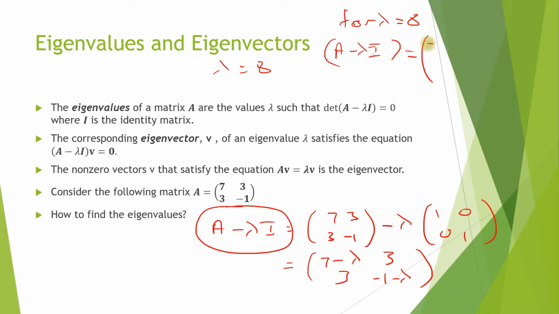I'm just going to write it down like it is so that you don't get lost in what I'm doing. 3 stays 3, 3 stays 3, and then here you've got minus 1, minus 8. This is what you have as the matrix for lambda equal to 8. So you have minus 1, 3.